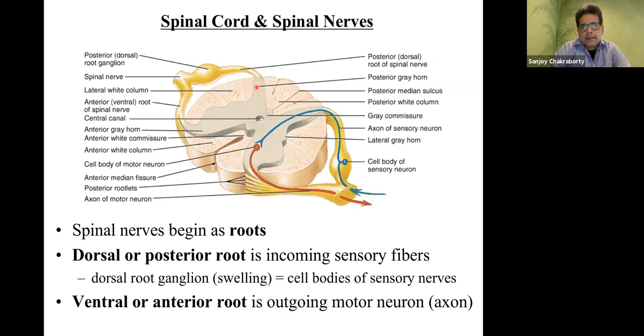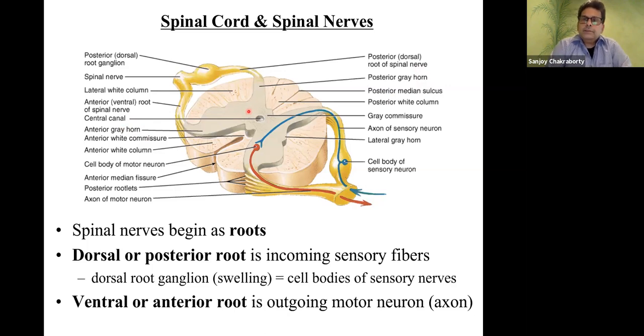Now the gray matter appears like a letter H, like a butterfly shape, okay? These extended areas are called horns, H-O-R-N. Obviously, this is the posterior or dorsal horn, and this side, a little bit thicker, is called the anterior or ventral horn.